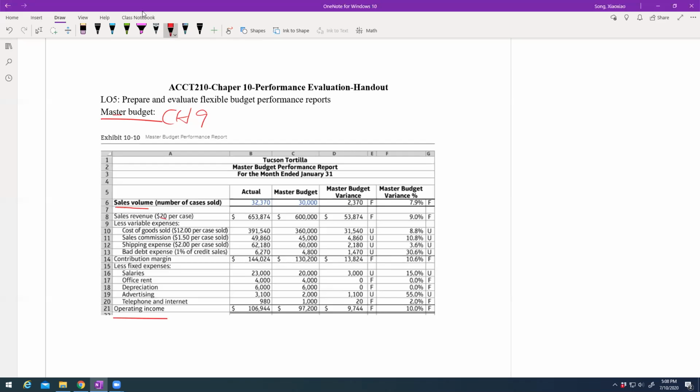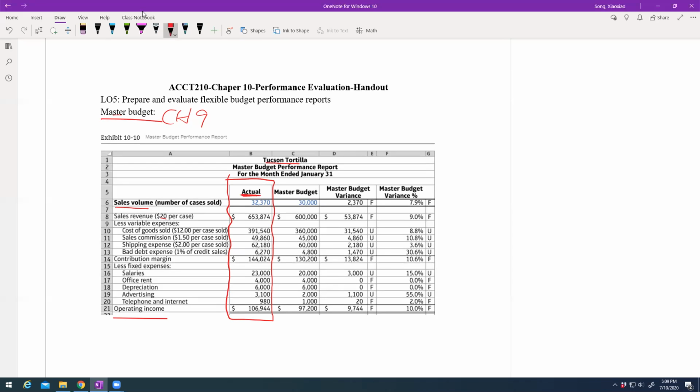The first column here, we still use the same company, the tortilla company. We have the actual, after you really made the sales. We said actual always goes first before the budget, so your left side is always the actual.